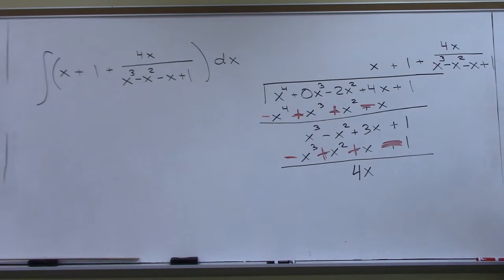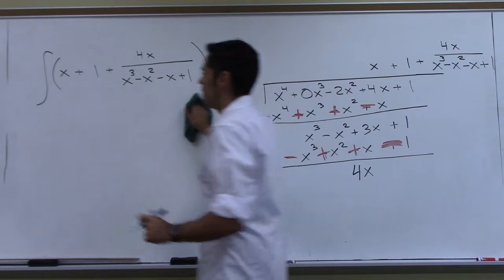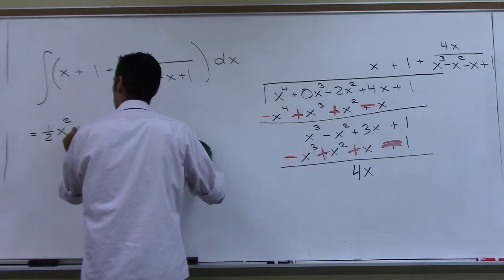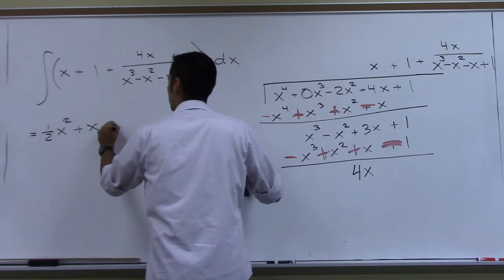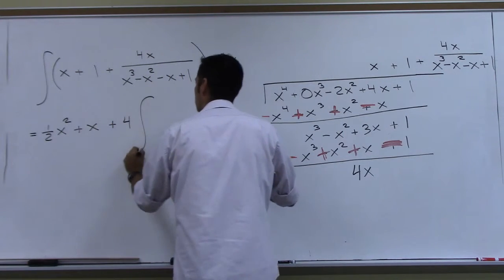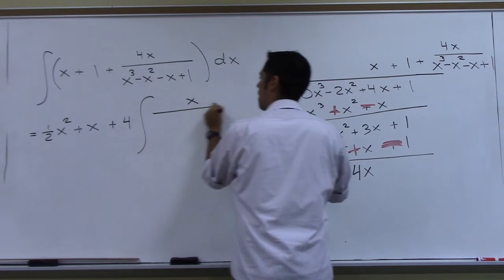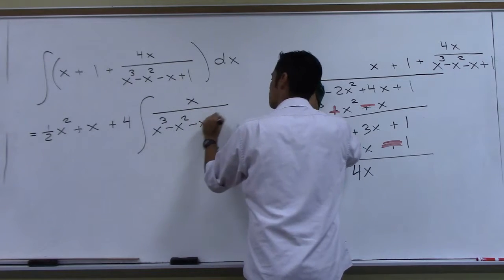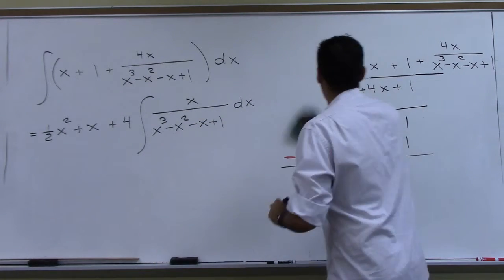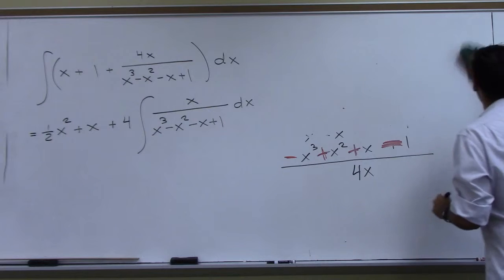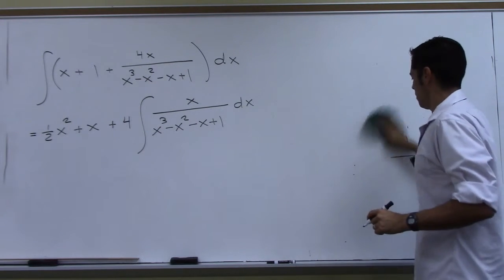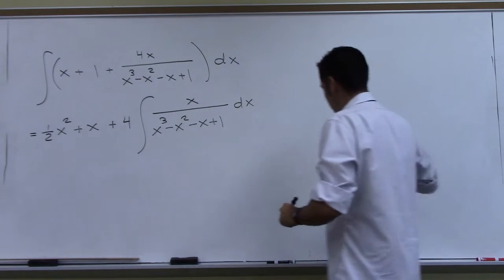You can handle that, right? The first two, no problems. So I know this turns into 1/2 x squared, that's your antiderivative, plus x, plus 4 times the integral of x over x cubed minus x squared minus x plus 1 dx. What I did there is I took care of the two pieces that I could take care of, and that leaves me with this integral.